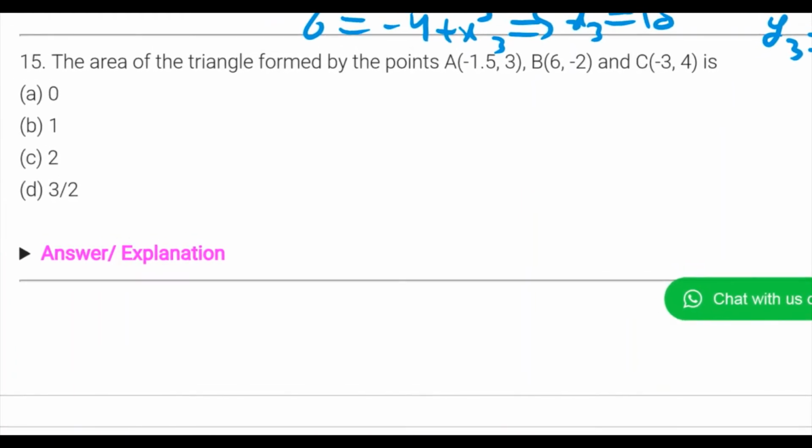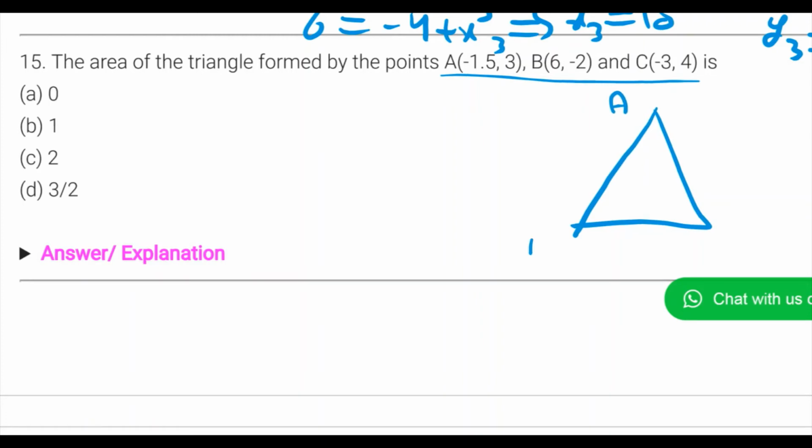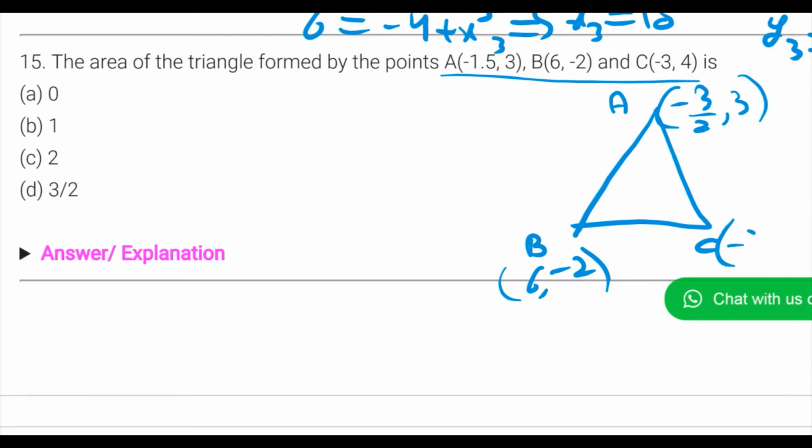The area of the triangle formed by the points is, we need to find the area of the triangle here. So take the points A, B, C. A is (-3 by 2, 3), and B is (6, -2), and C is (-3, -4).